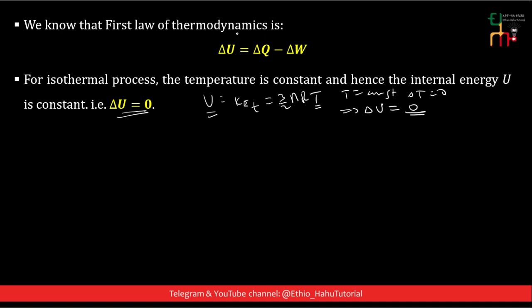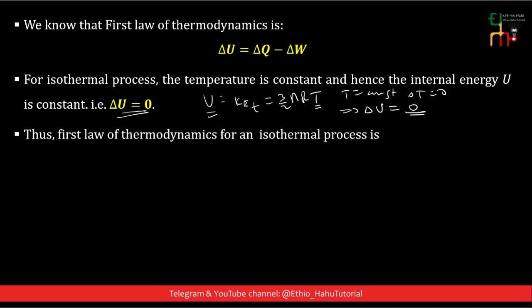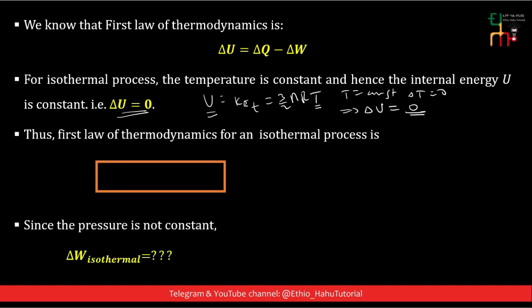Therefore, the first law of thermodynamics is simply delta Q is equal to delta W. This is zero, so the minus delta W comes to the left. Delta W in an isothermal process is equal to delta Q.